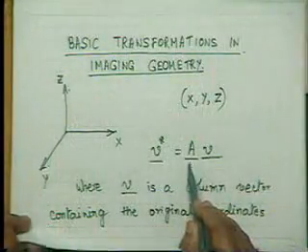Whereas in this case, translation, rotation, scaling, and rotation is not only within a plane, but rotation could be about any one of the 3 axes. All these things we can represent within this transformation A.